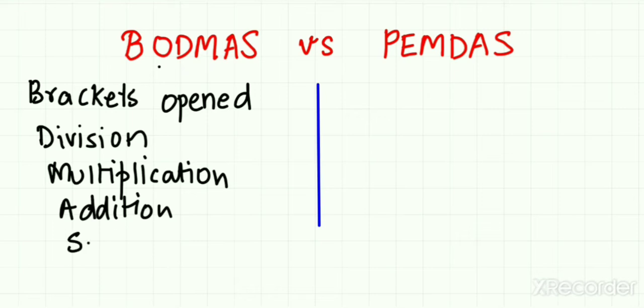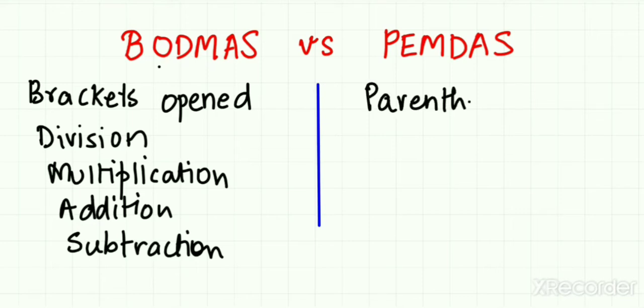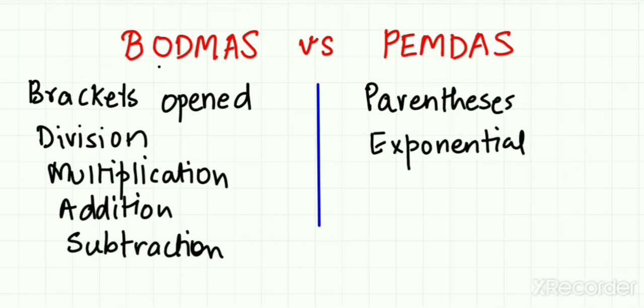Whereas in the case of PEMDAS, we replace this with parentheses that need to be opened first, and then followed by exponential operations, then followed by multiplication or division, whichever comes first.